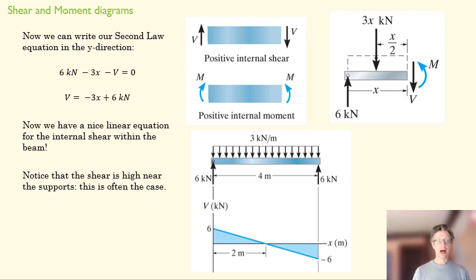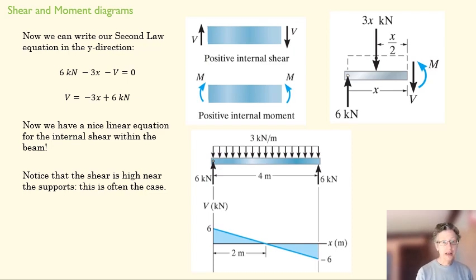The shear is high near supports. That's generally true. Because essentially, if I think about this part of my beam here, this support is taking on a 6 kilonewton load. That load has to be passed on to the next section here, and that's what shear is doing.